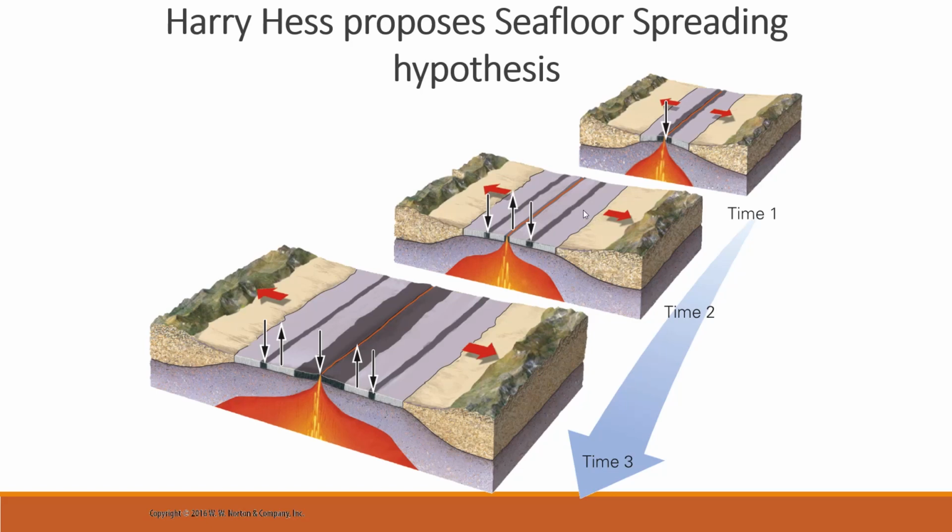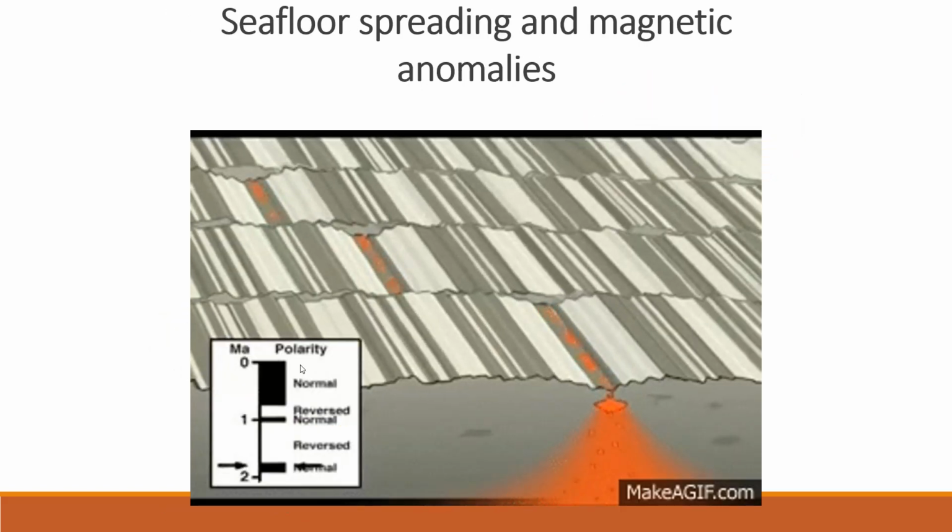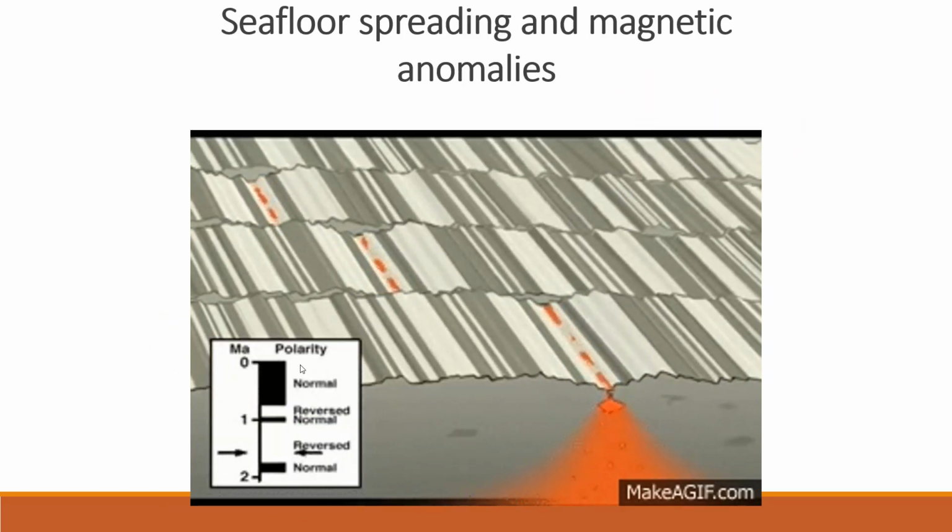And so we're continuously pushing out, generating new ocean floor, and so we're going to have the same pattern on either side of this ridge, and it's going to work its way across the entire ocean basin until it encounters something.